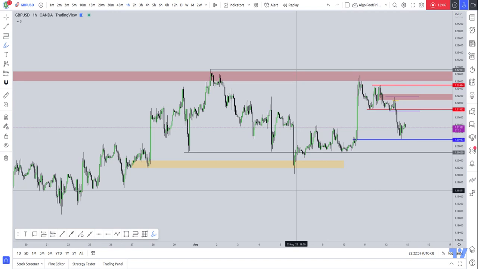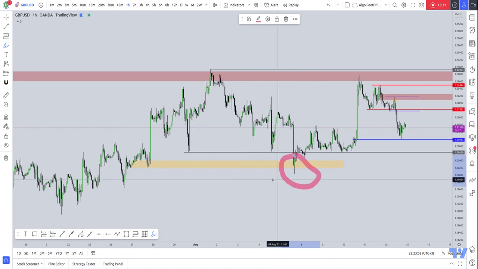I mean, basically, the only way to know the bias for the week is the liquidity and the imbalance or the gap. Has price taken out, for instance, this week, price has taken out this sell side liquidity.